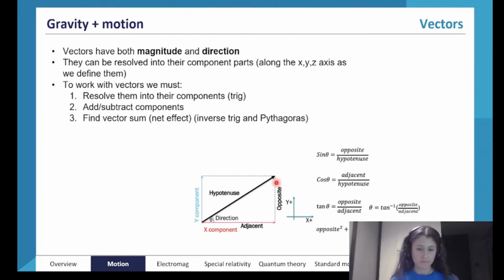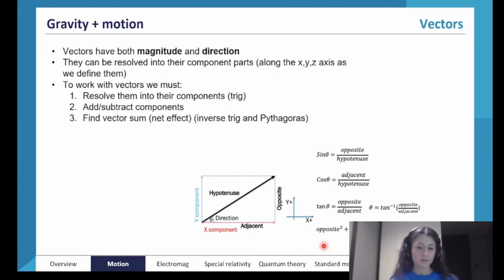Our vector forms a right angle triangle with the x and y components, so that's why we can use our trig rules. What this tells us is that the x component is going to be equal to the hypotenuse multiplied by the cos of the direction, and so on, applying these rules.